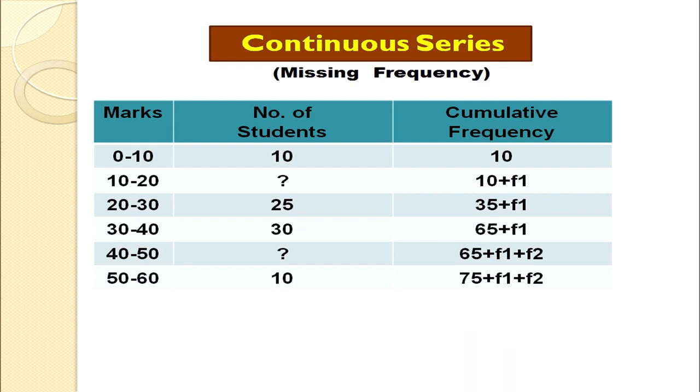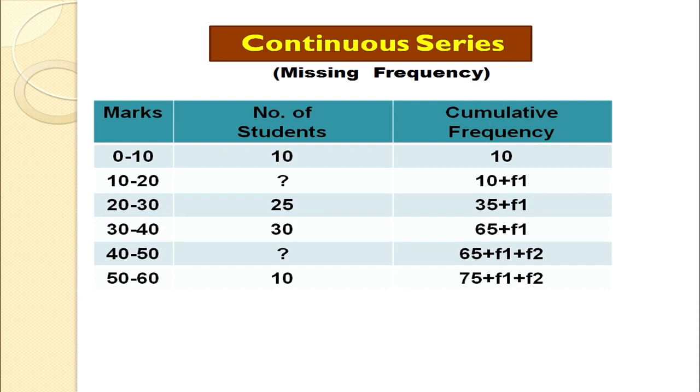So the cumulative frequencies are 10, then 10 plus F1, then 10 plus F1 plus 25 comes to 35 plus F1, then 35 plus F1 plus 30 gives 65 plus F1, then 65 plus F1 plus F2, next 65 plus F1 plus F2 plus 10 comes to 75 plus F1 plus F2.